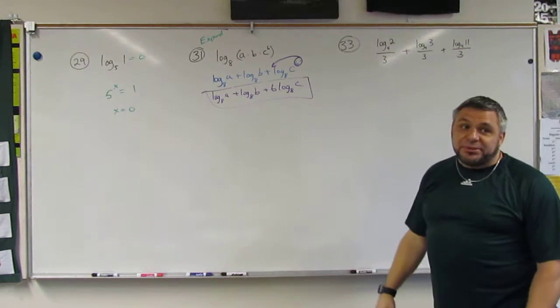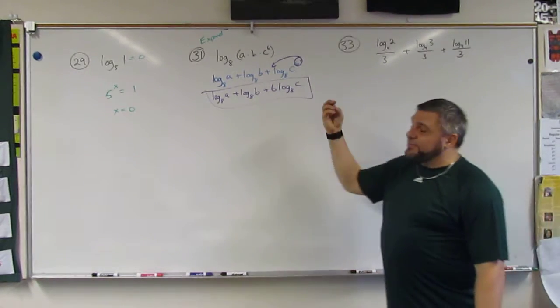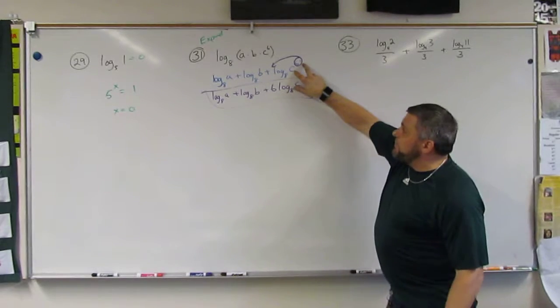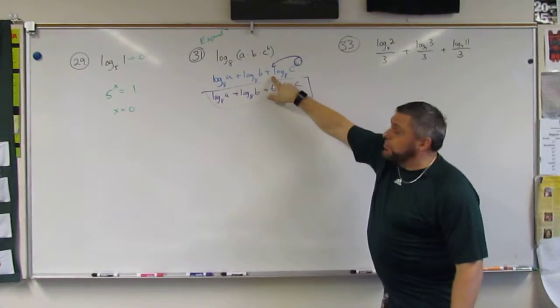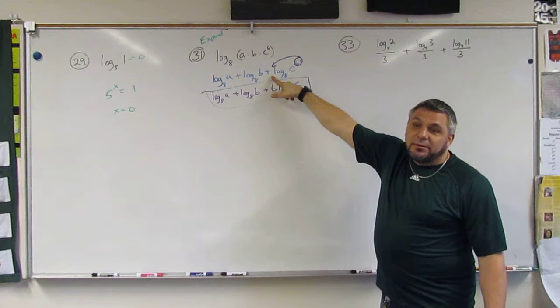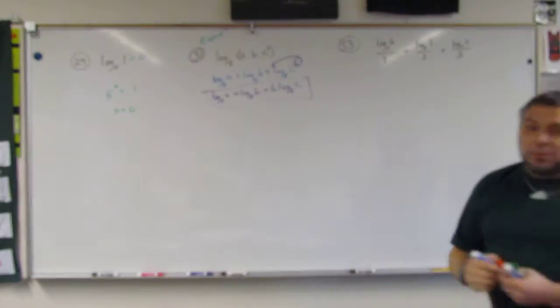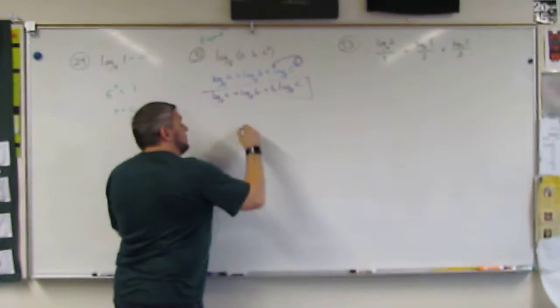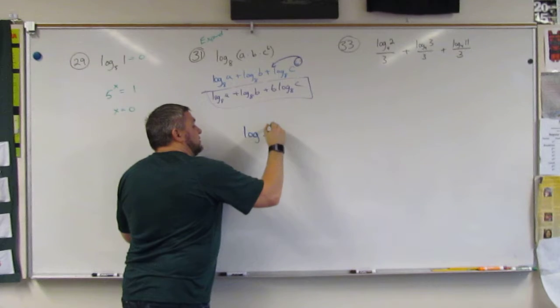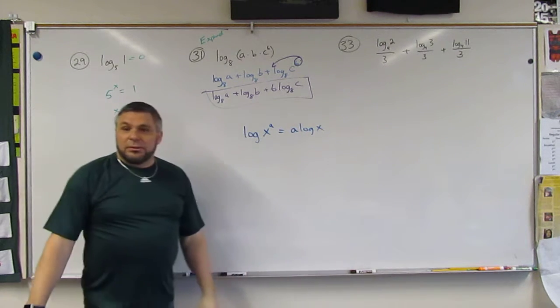We're using our power rules. The power rule for logarithms says if I have a power inside, I multiply that exponent times the log. Log x to the a is equal to a log x.